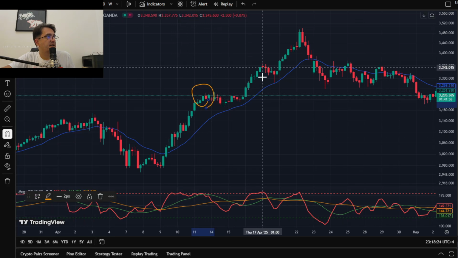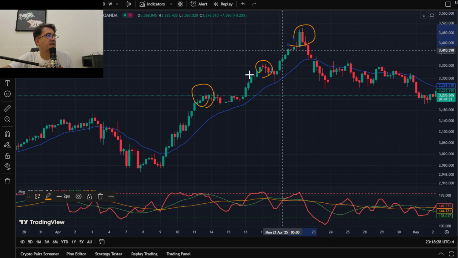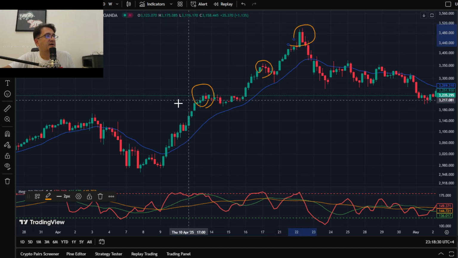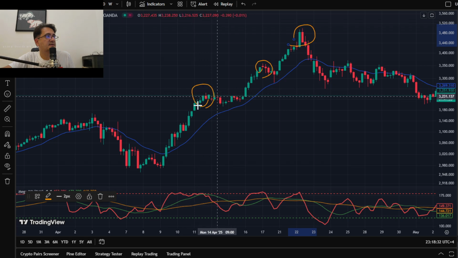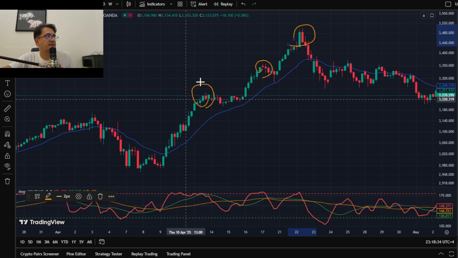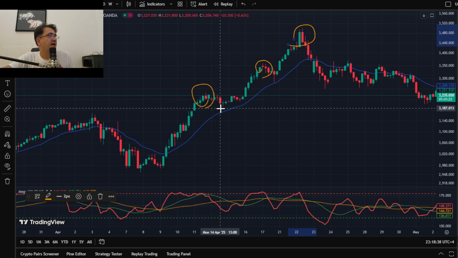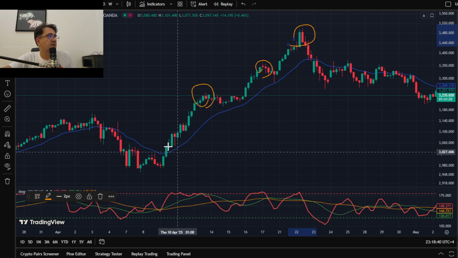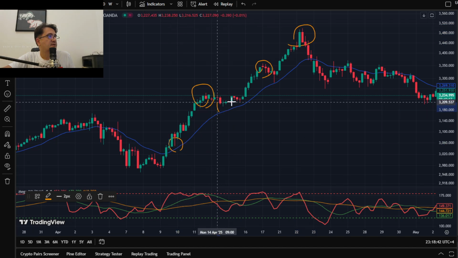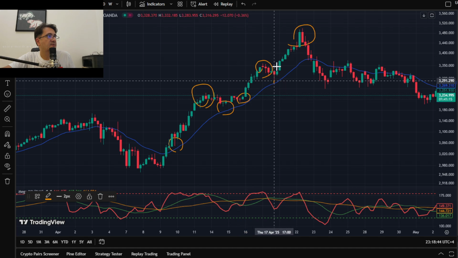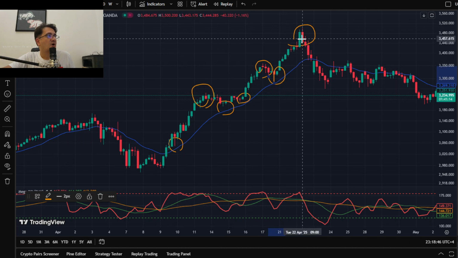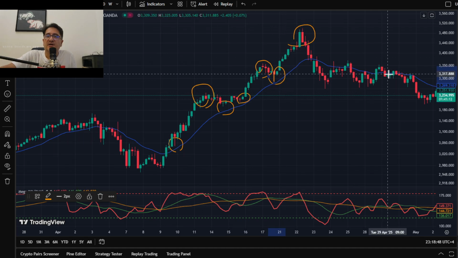This is a high, this is another high, and this is another high. So we have constant higher highs. This one is higher than this one, and this one is higher than the previous one. And we have higher lows. This is a low, this is a low, this is a low, this is a low. So higher highs and higher lows means uptrend.